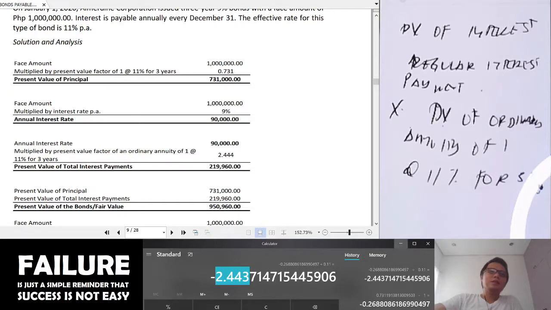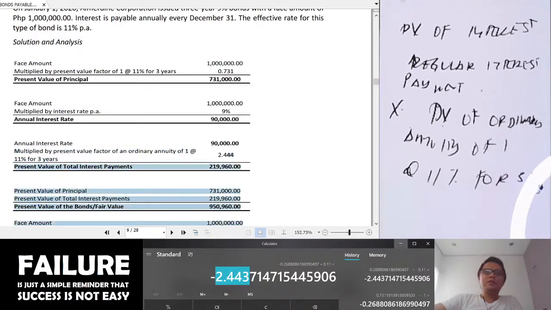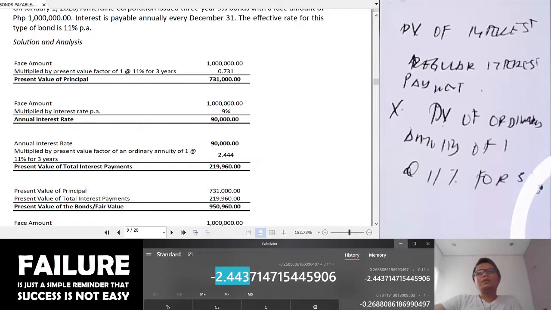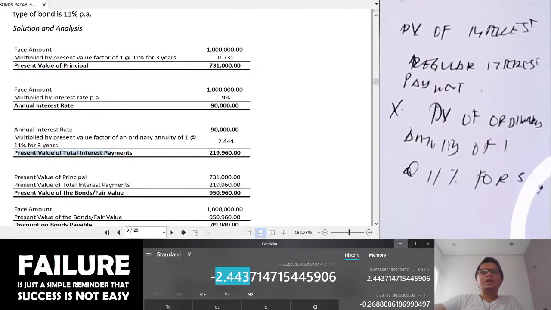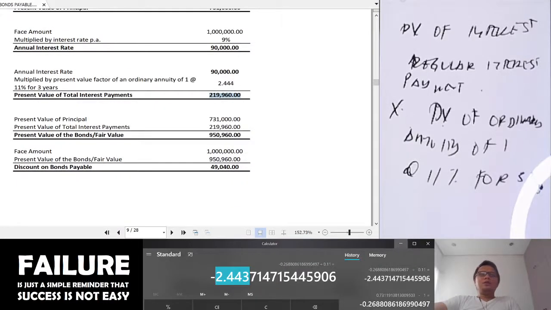So, the present value of your interest payment is 90,000, which is your regular annual payment, multiplied by the present value factor of 2.444. So, we have 219,960. Now, the present value of the bond is computed as the sum of the present value of principal and the present value of total interest.